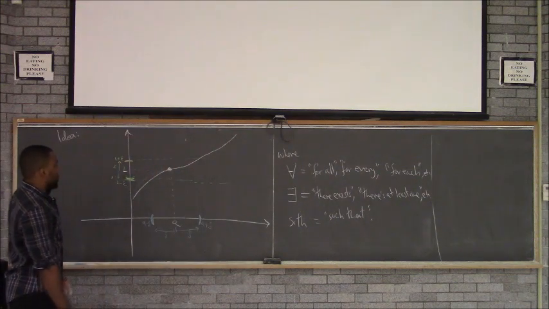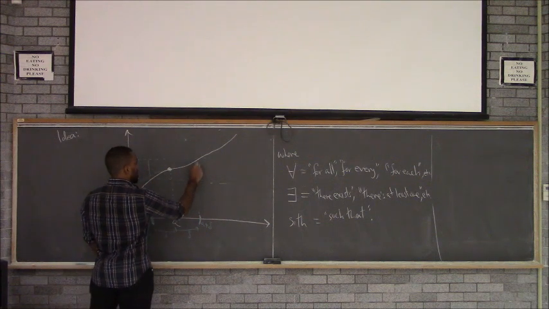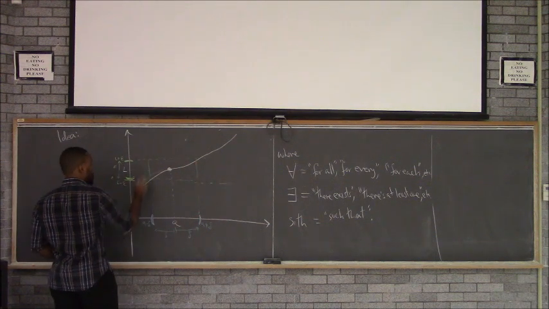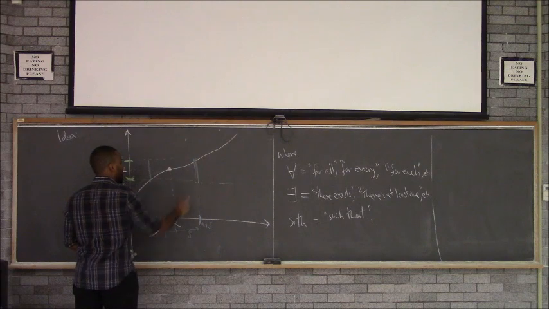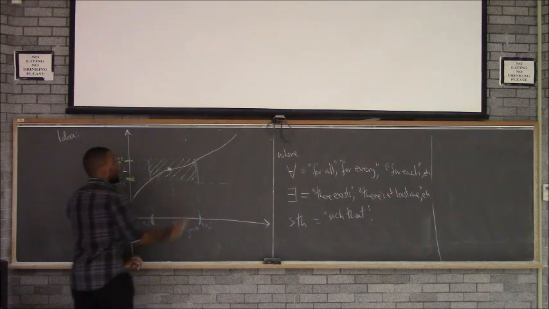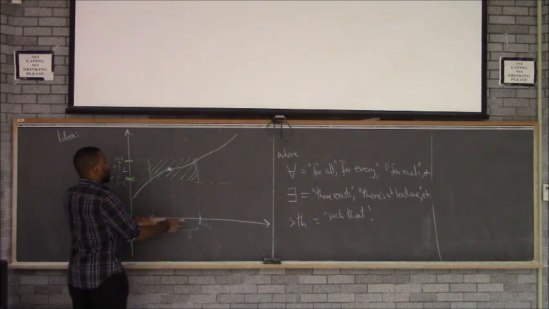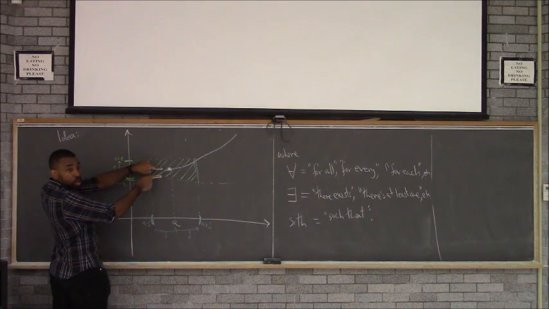So basically what you've done here is you've achieved a window so that once your x value is inside this window, your y values will automatically be inside that window.